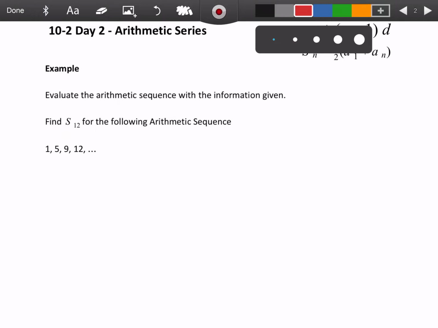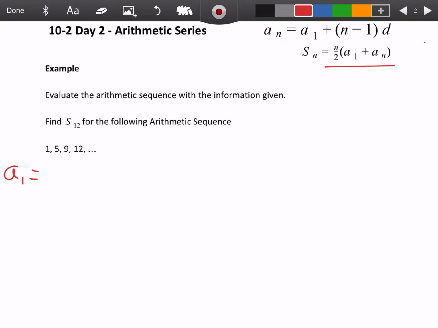So we're going to go over an example here. One thing that I've always done is we're going to list out the things that we need for our sum. We have a of 1, a of n, which is going to be a of 12, and then we need to know what n is.